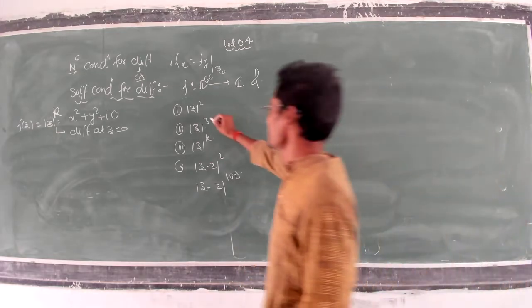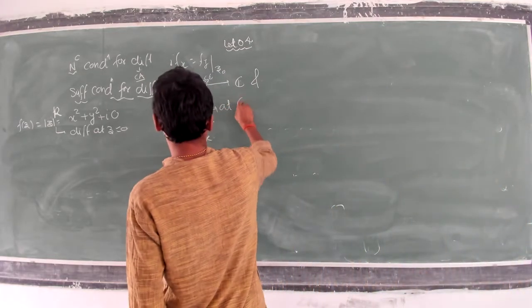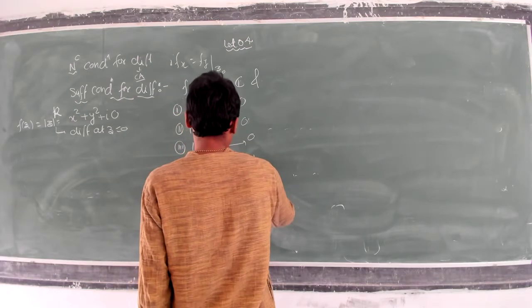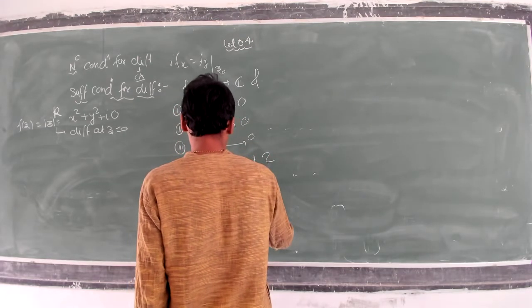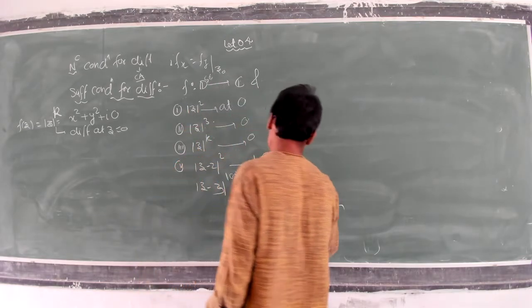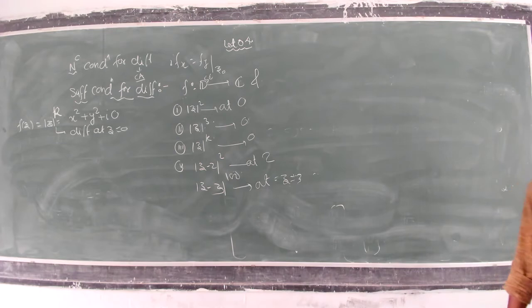So this is differentiable at 0, at 0, at 0, at 2, at 2, z is equal to 3. Okay.